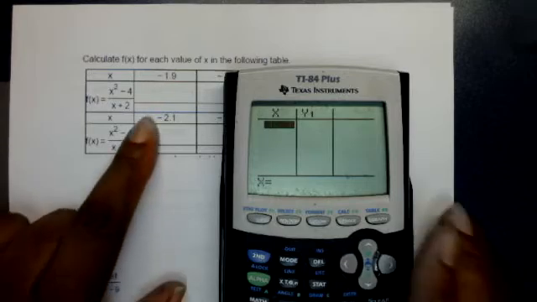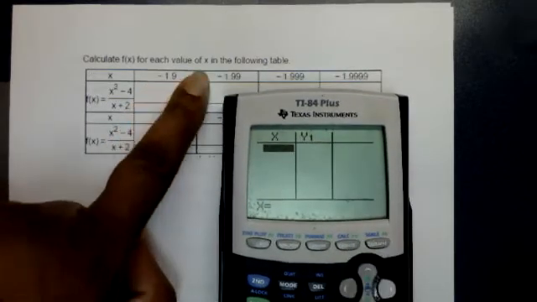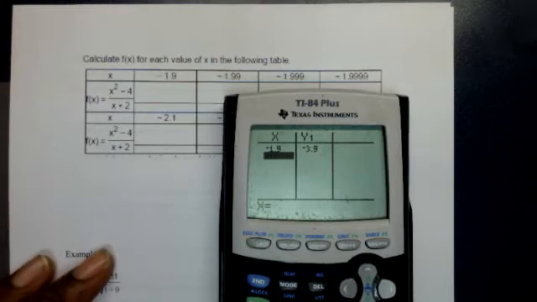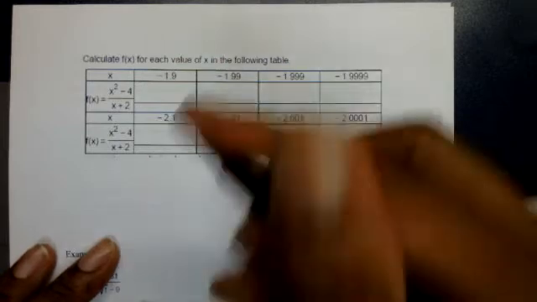And now for my x values, I'm going to put in these numbers on the top row, starting with negative 1.9. And then hit Y1. Hit enter. And it'll give you what your y values are. So for negative 1.9, the answer there will be negative 3.9.